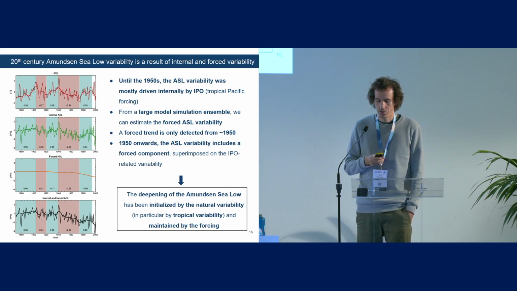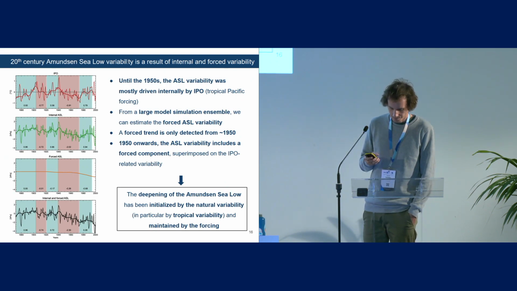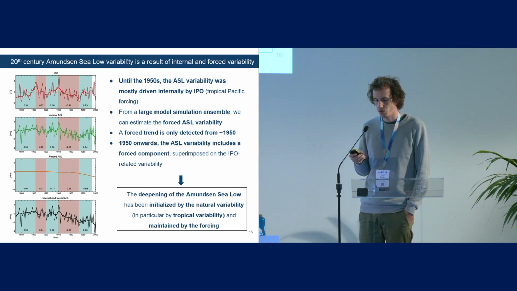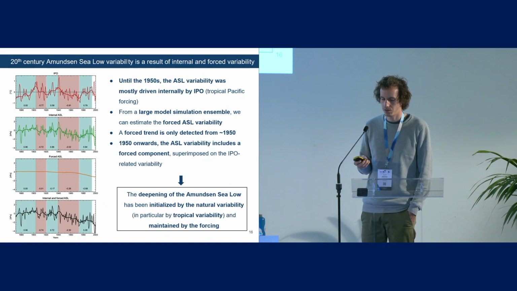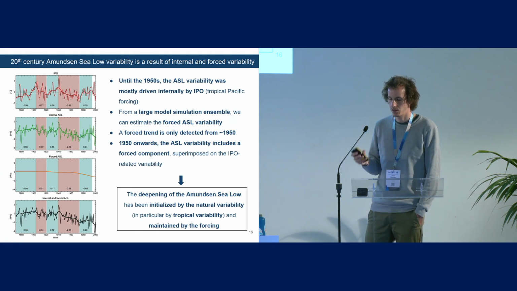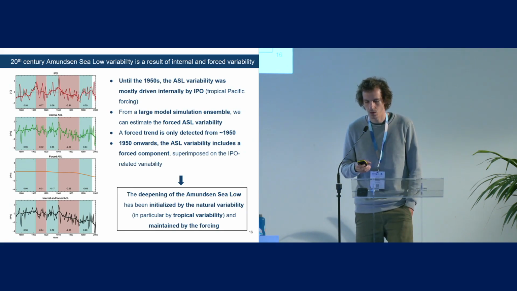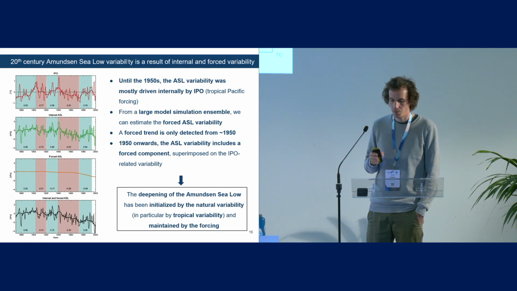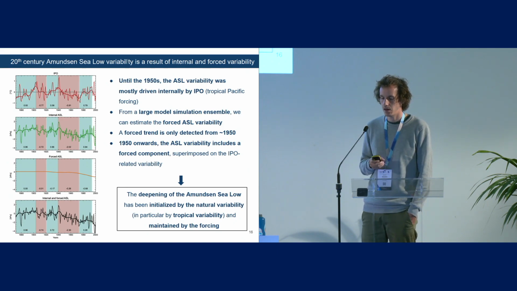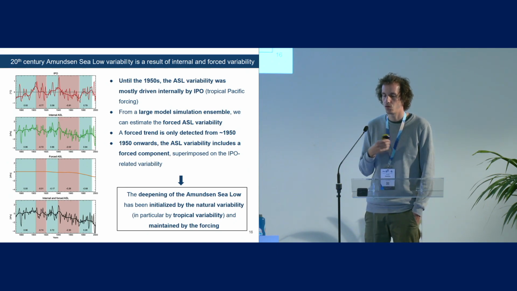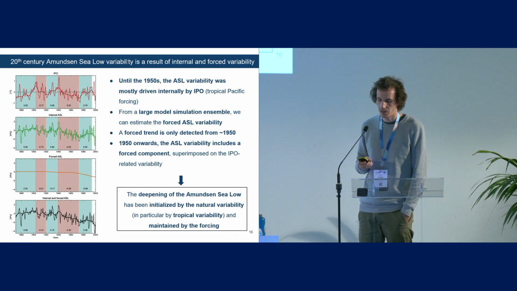And based on our previous study, we estimated the forced response of the Amundsen Sea Low. We simply took the ensemble mean of a large ensemble and corrected it with the detection and attribution result. By combining this with the internal Amundsen Sea Low, we can have the full variability of the Amundsen Sea Low.